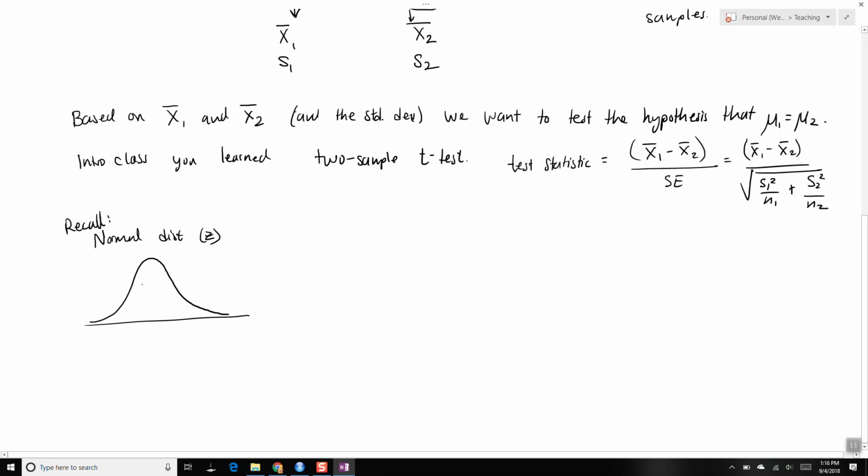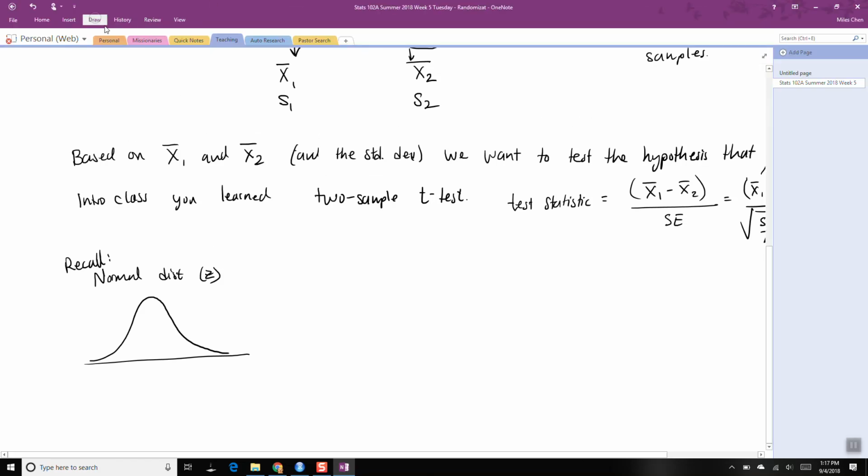Is it taller, shorter, wider, skinnier, fatter? This is exaggerated, but the t-distribution is wider than the normal.